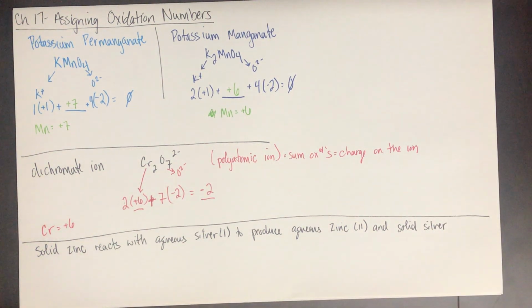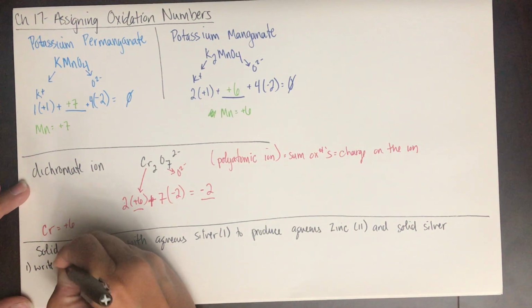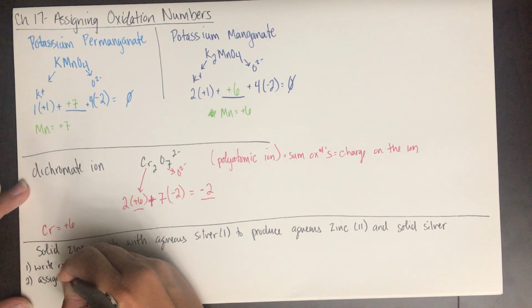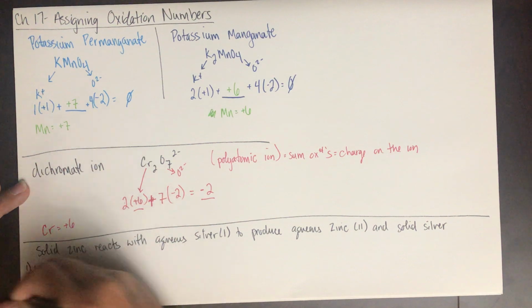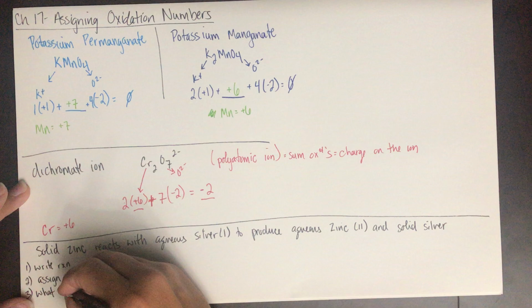So we're going to write the reaction from this sentence and then assign oxidation numbers and then determine what's being oxidized and reduced. So I'm just going to write out the steps. 1, we'll write the reaction. 2, we'll assign oxidation numbers. And then 3 will determine what's being oxidized and what's being reduced.